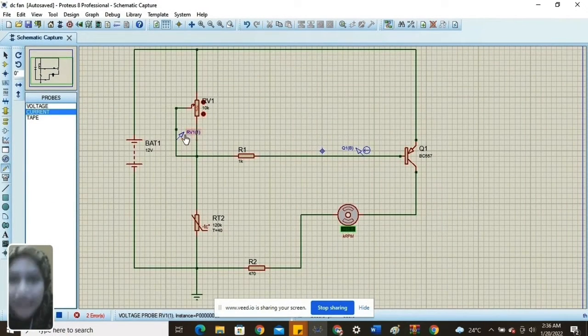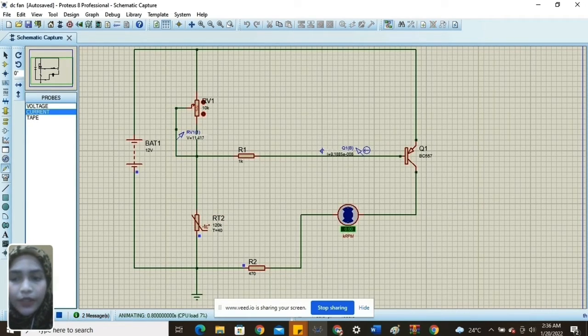So we place a voltage probe across the potentiometer to measure the voltage across it. Also, we place the current probe to measure the current across the PNP transistor. Okay, so let's start our simulation with 40 degrees Celsius.